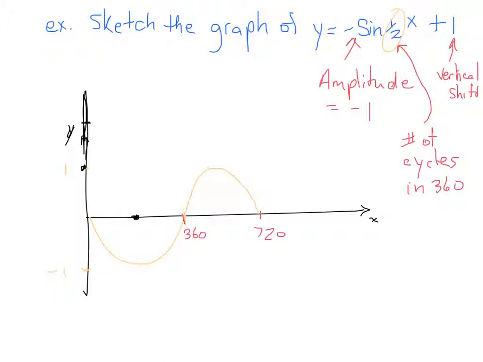We're going to start 1 higher, go down, go up, and then we end up in the same horizontal place that we started. All right, so this is the graph of y equals negative sine half x plus 1. Okay, cool.